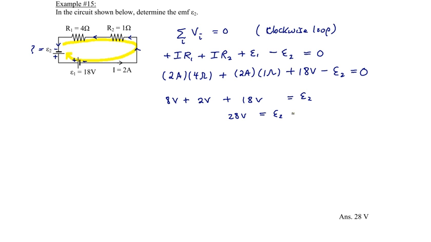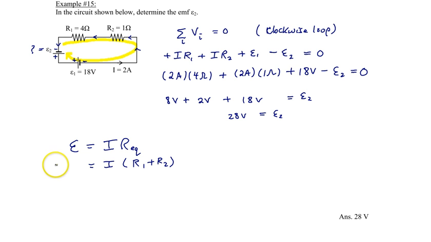If we were to look at the way that we would tackle this problem earlier, you could use this method. You could say the EMF equals I times R equivalent. The equivalent resistance, since you see these two resistors in series, is R1 plus R2. And for the EMF, you'd have to realize that since these batteries are in opposite directions, one is going in the other direction of the other, so you'll have to subtract those two EMFs.